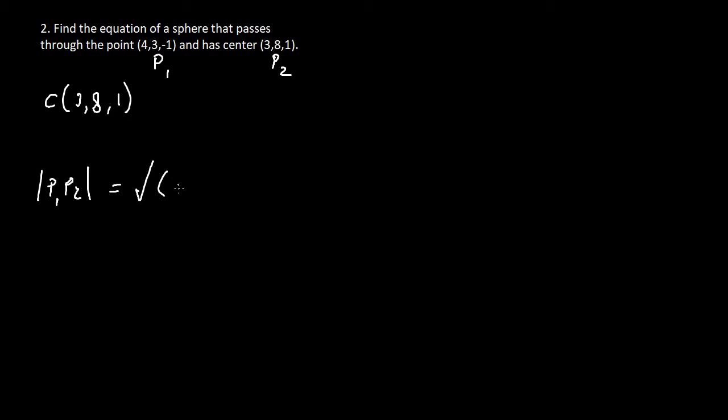So we have 3 minus 4 squared, plus y2 minus y1, where y2 is 8 and y1 is 3, so plus 8 minus 3 squared, and then plus z2 minus z1. So z2 is 1, and then we have minus -1, in other words, 1 plus 1 squared.